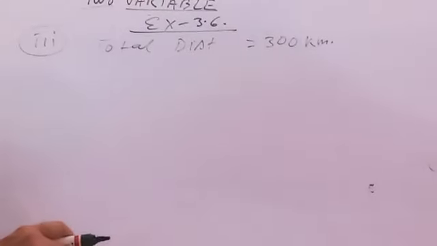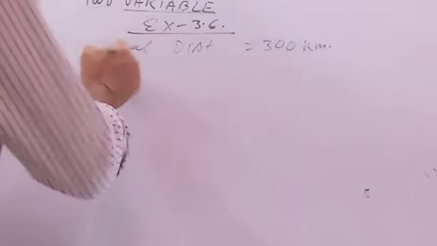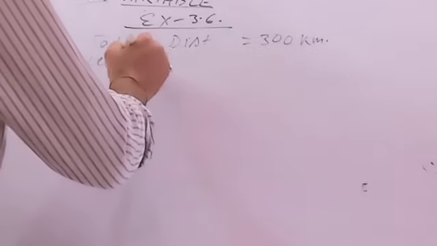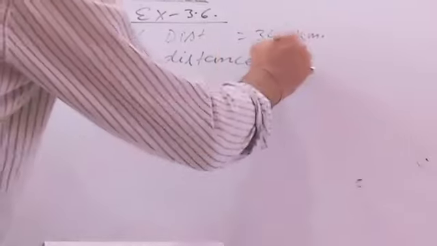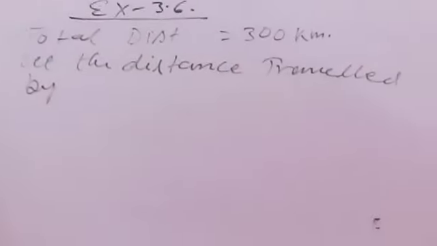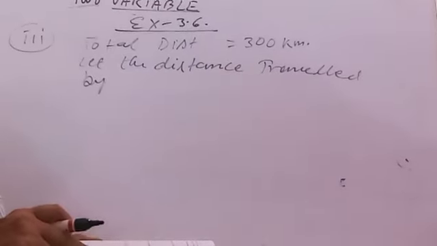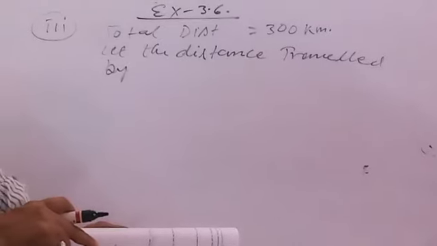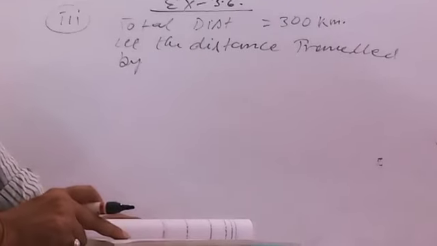It is saying that to her home partially by train, partially by bus. Let me read all the question. Rohit travels 300 kilometers to her home partially by train and partially by bus. She takes 4 hours if she travels 60 kilometers by train and the remaining by bus.